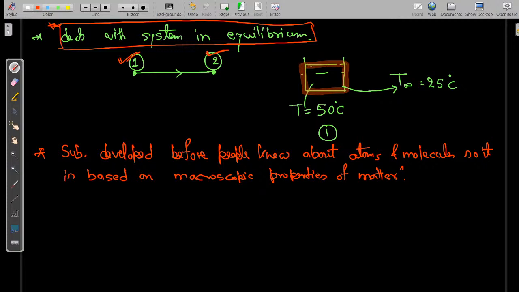We don't go to the molecular level. In subsequent times, when the knowledge of atoms and molecules originated, it also developed with a microscopic approach. What macroscopic and microscopic mean, we will deal with in a subsequent lecture. So don't worry about that.